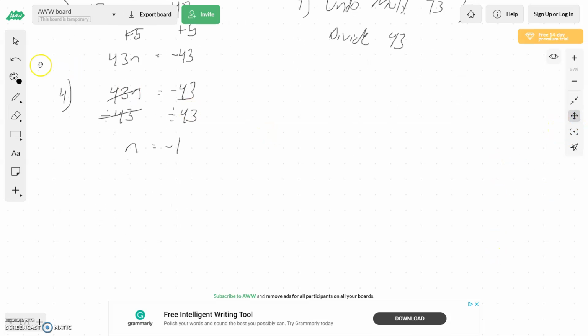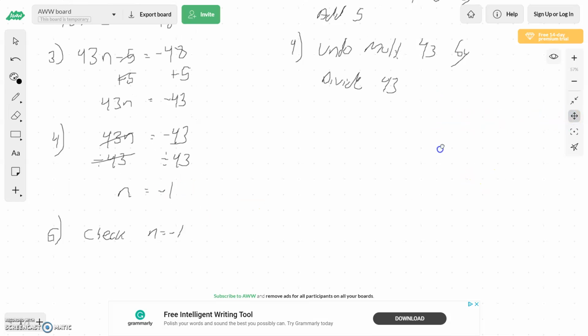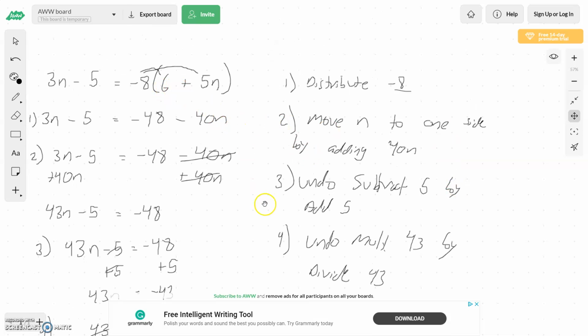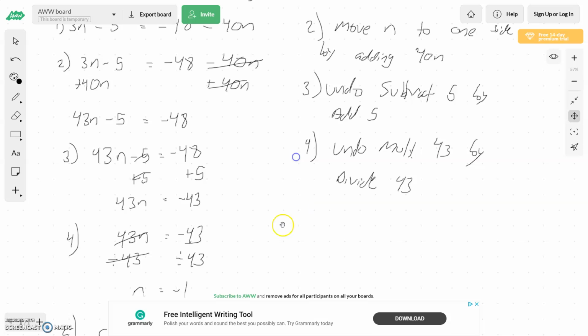Last but not least, once again, it's never a bad idea to check. To make sure that we did it right, check n equals -1. And we check n equals -1 by plugging it into the original problem. The original problem was 3n minus 5 equals -8 times 6 plus 5n.